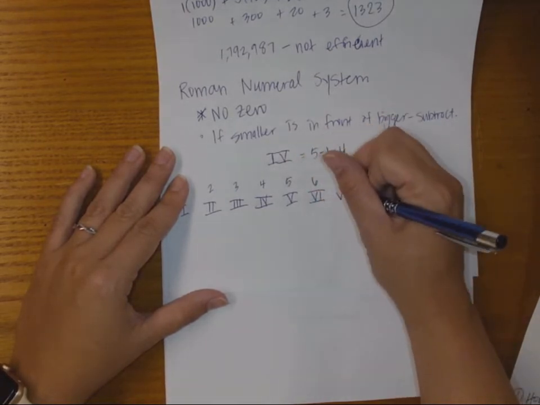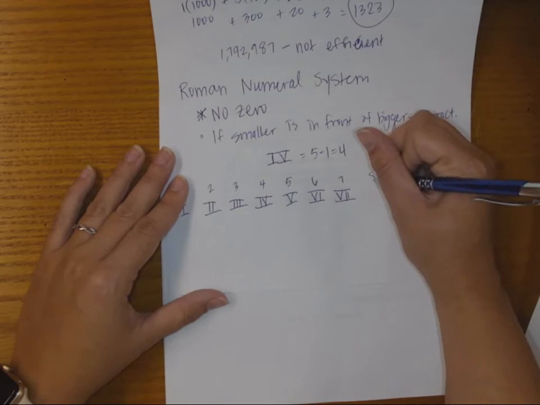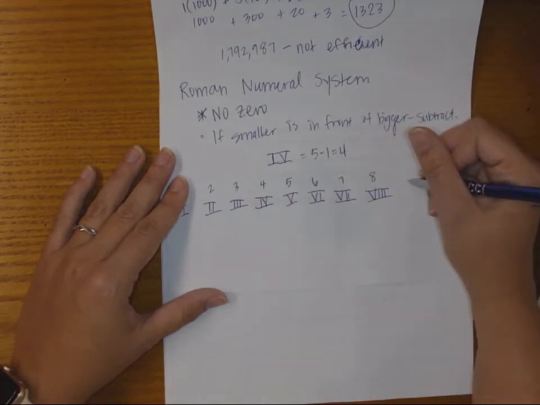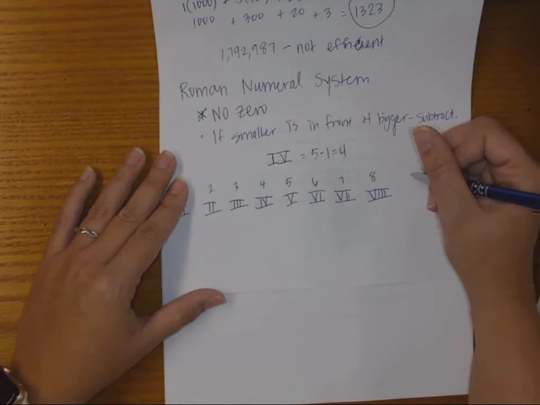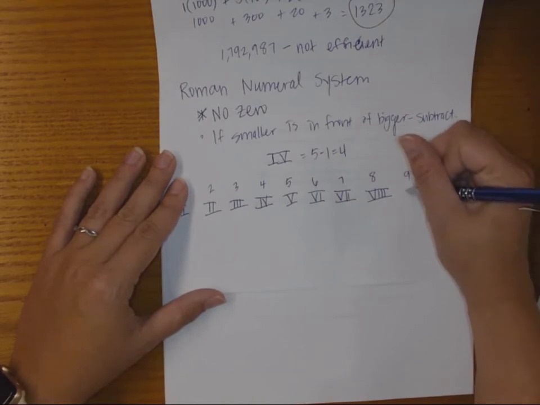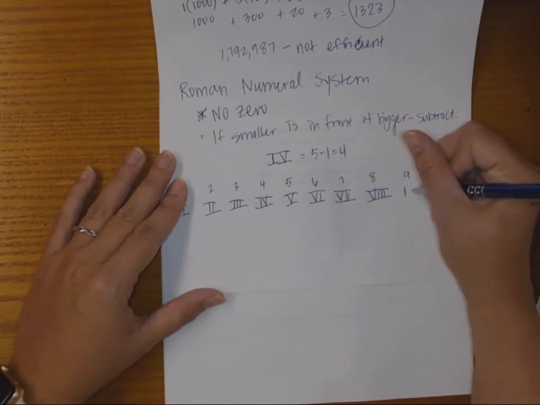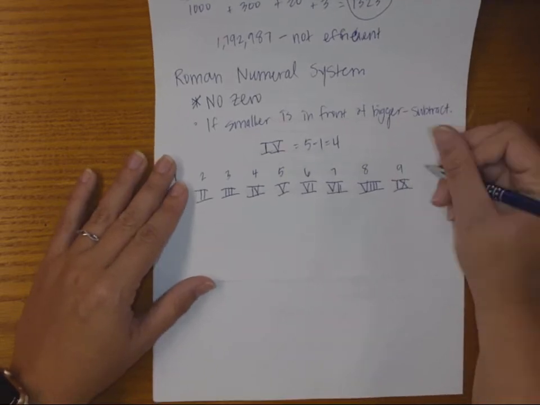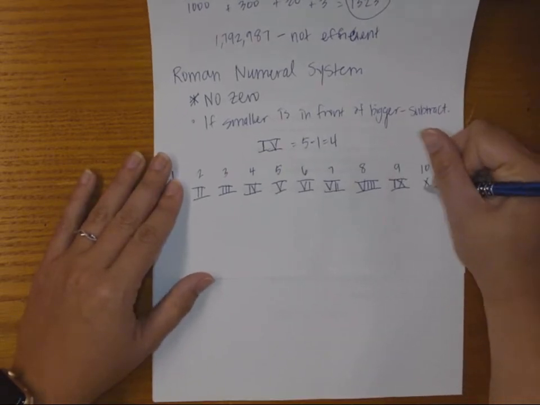The number 7 is 5 plus 2. The number 8 is 5 plus 3. The number 9, you could do 5 plus 4, but it's faster to put 1 before 10. Okay, so X is a 10, so 1 from 10, and then 10 is just an X.